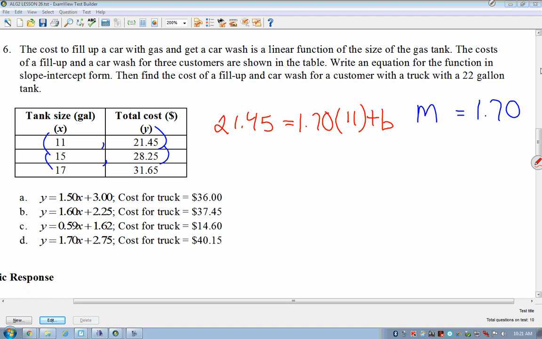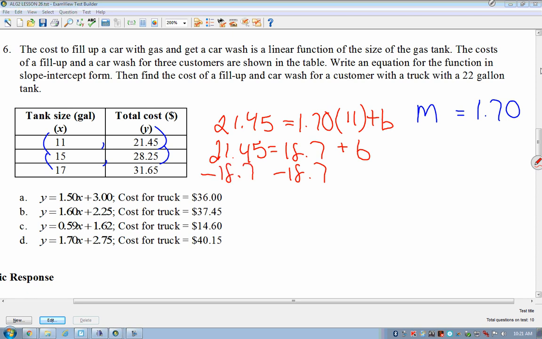That's fine. So we've got 21.45. What's 1.7 times 11? 18.7. Okay, plus b. What do we do next? Okay, subtract 18.7 from both sides, she says.